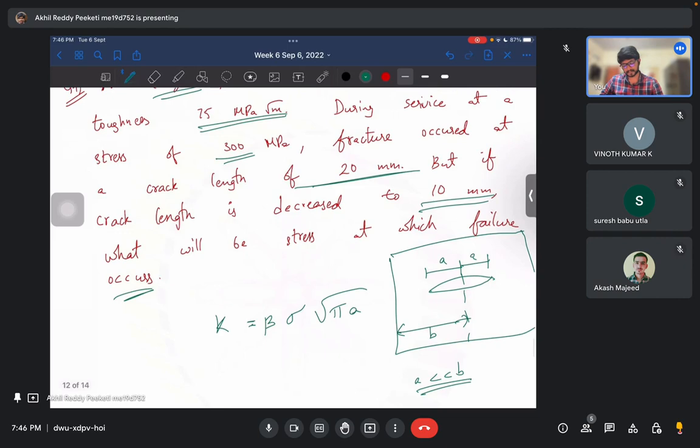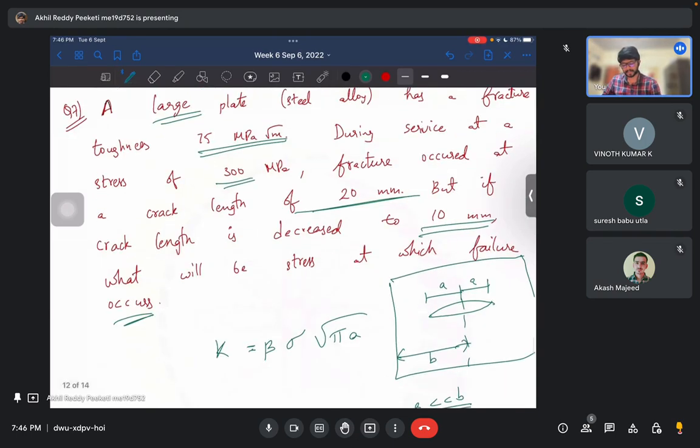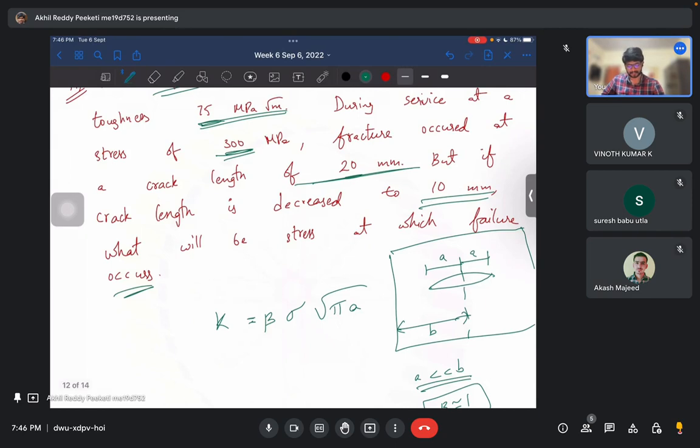If a is much less than b, beta actually equals 1. But in this case, because we are already given the 20 mm crack length and 300 MPa stress, and the fracture toughness was also given, beta we can actually estimate.